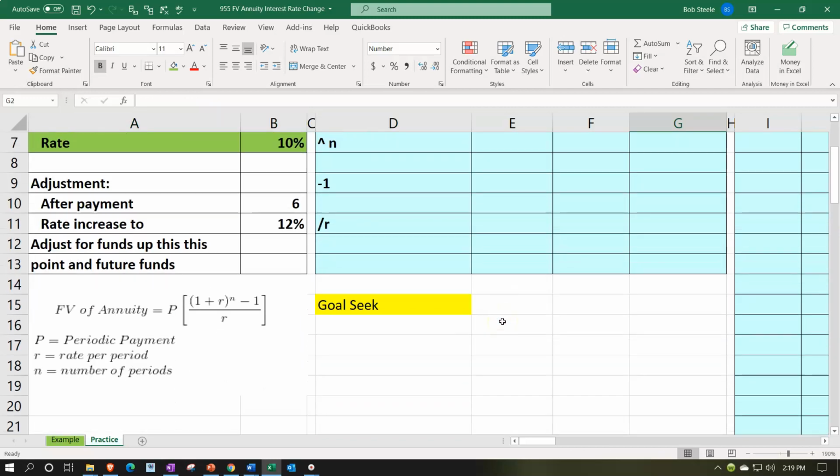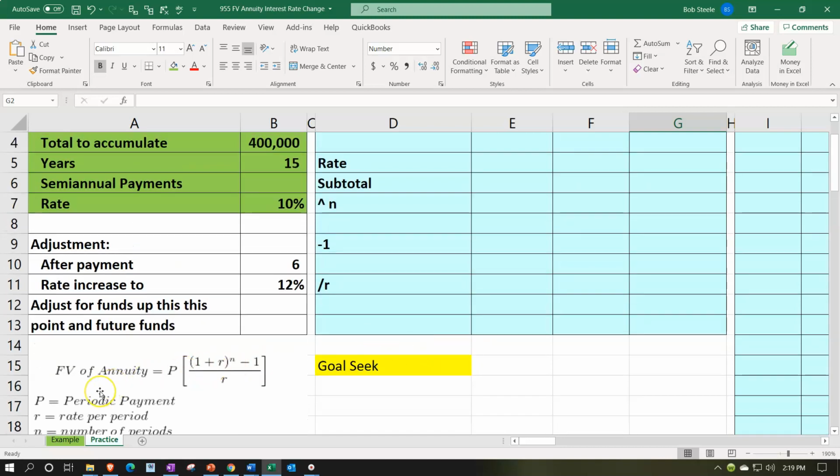You could do that with the calculation down here with a formula, use it formulaically. The payment is something we're going to back into. We know it's a future value of an annuity. We know what the future value needs to be. That's our goal. 400,000 equals P, the unknown, times (1 plus R) to the N, minus 1, divided by R. R is a little bit tricky because it's 10% per year, but the payments are made semi-annually.